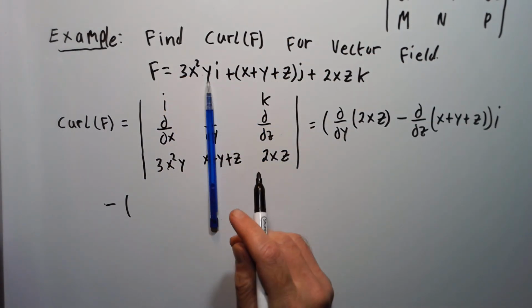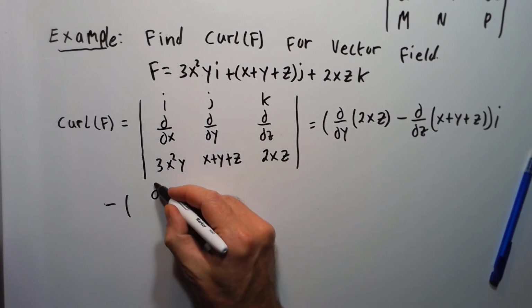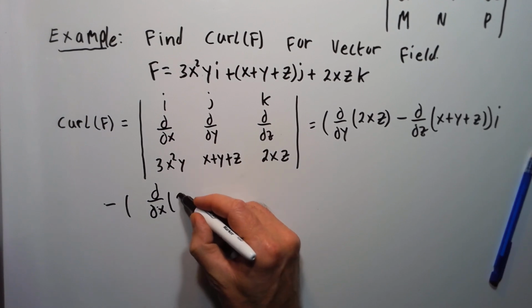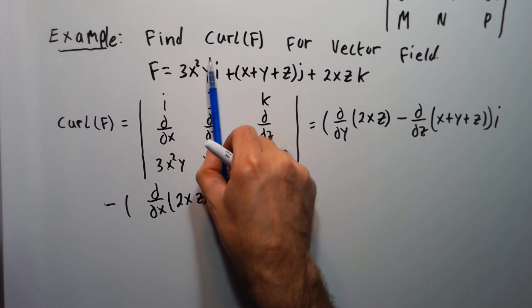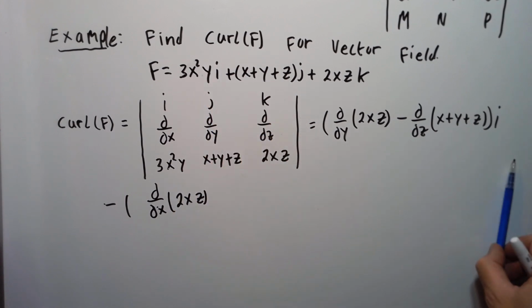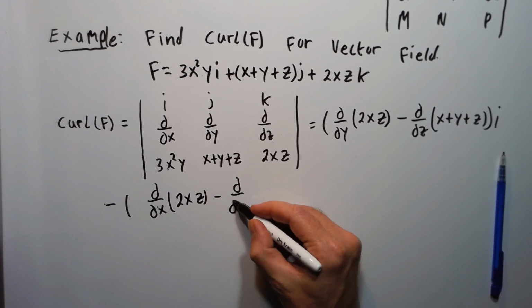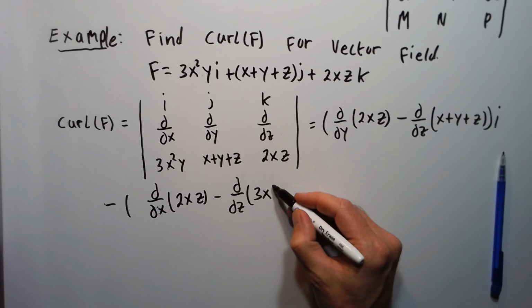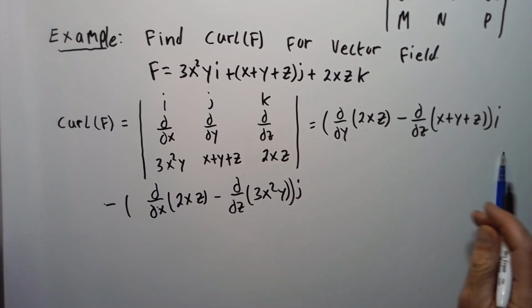And so you'll have partial x acting on 2xz, so you're taking this away. Then there'll be partial z acting on this guy, so minus partial z acting on 3x squared y. This is in the j direction.